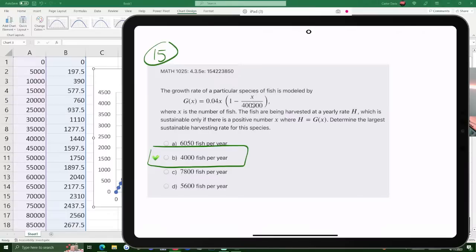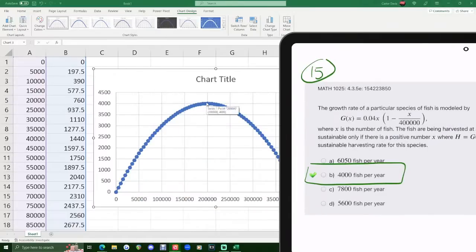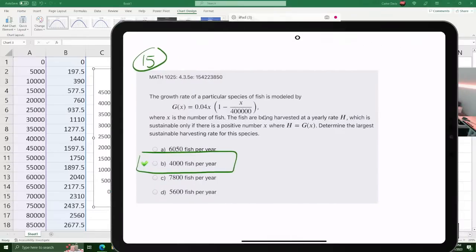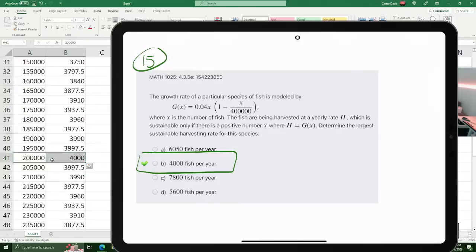So if you know half of this value would give us 200,000, and 200,000 is the value where the maximum occurs, you could then just plug in 200,000 to this function. And again, it's at 200,000 that the rate is 4,000. So yeah, I hope that kind of made sense. The shortcut is cut this number in half, plug it into the function, get your answer. Okay, that was number 15.